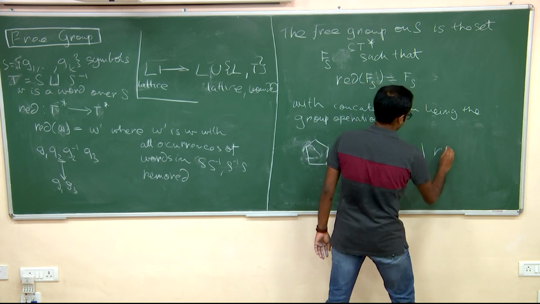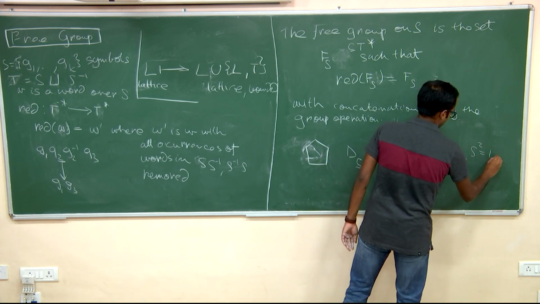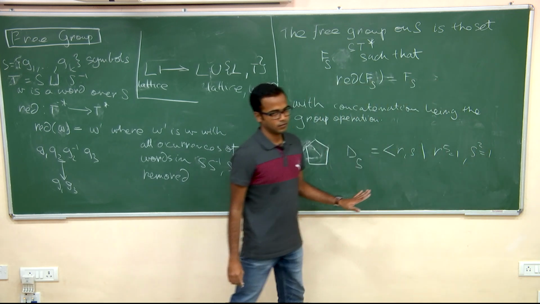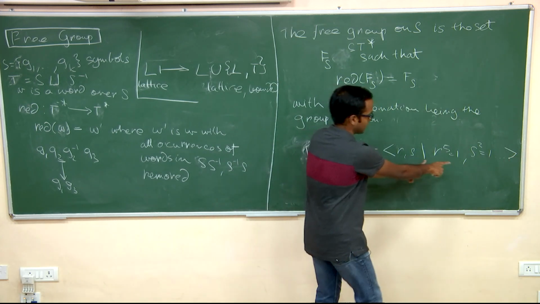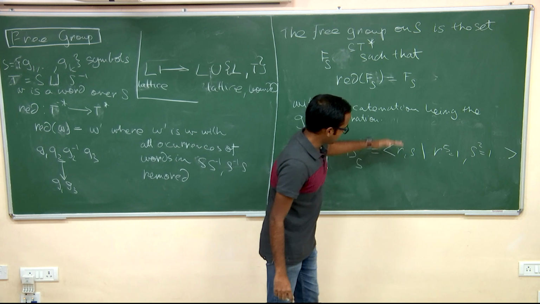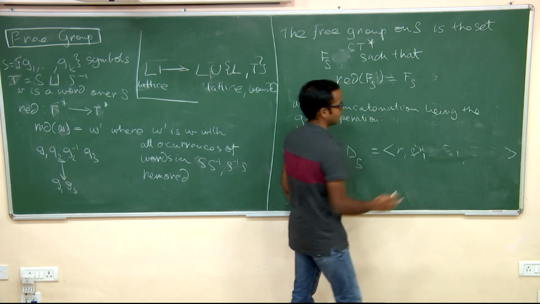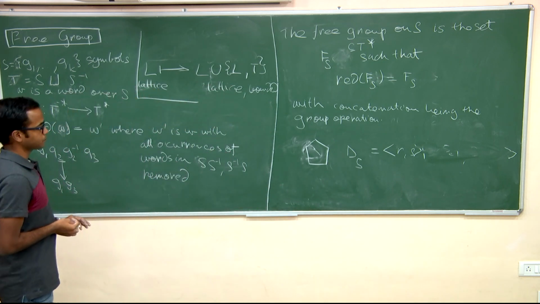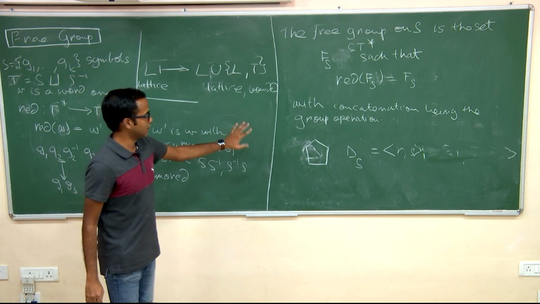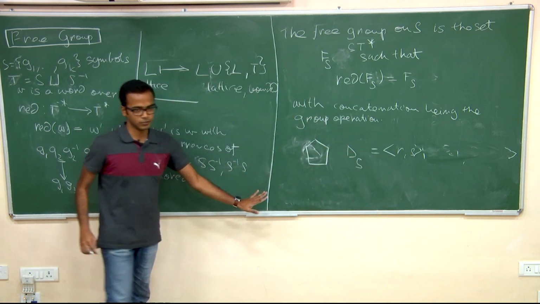So R to the 5 is 1 and S squared is 1 and so on. All right. These are the generators and these are the relations. It would be a free group if the generators were just this. Okay. All right. So that's what is really meant by free. You just have generators. You don't have relations between the elements.